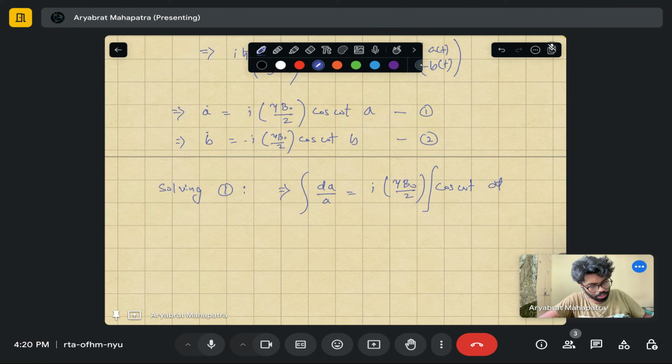If you integrate it, you get something, and also the initial condition is given to us: a of 0 is 1 by root 2.